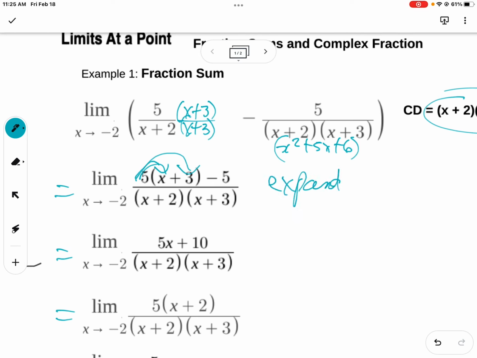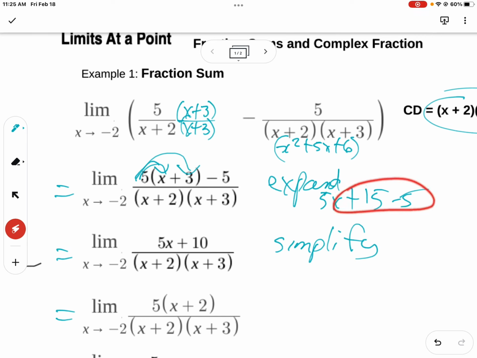Now I'm going to expand through the brackets and simplify. I expand through those brackets and get 5x plus 3 times 5 is 15, minus 5. Simplifying after expanding, 15 minus 5 is 10. I'm always looking to common factor. Always, always.